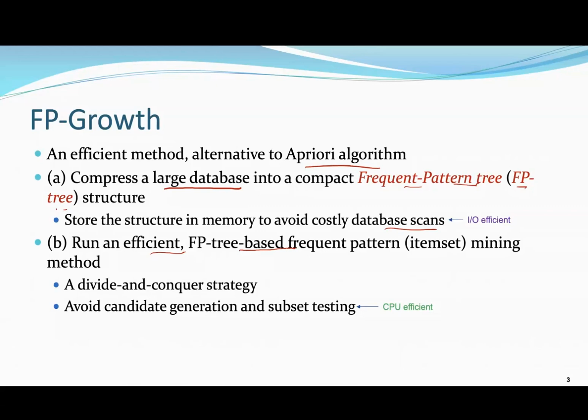We have to generate a lot of candidate item sets and do a lot of subset testing. As we will see later, with the FP tree structure and FP growth algorithm, there is no candidate generation and no subset testing. Hopefully that will save us some of the CPU cost.